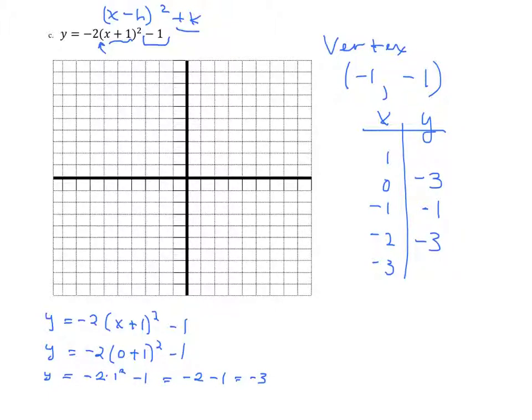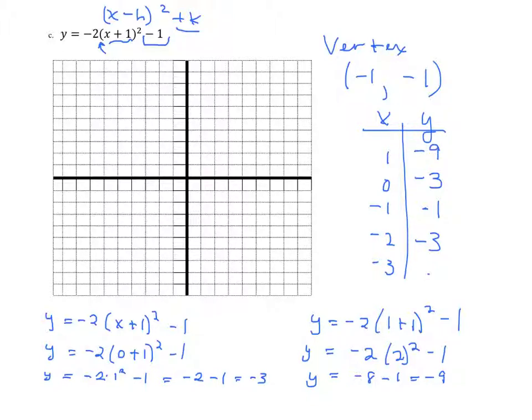So immediately I can fill that guy in, bada bing. Now when I stick 1 in, let's just do the 1 right here, just to make sure that I'm not making any errors. I'm going to put 1 in everywhere we see an x. So y is equal to -2 times 2 squared minus 1. 2 squared is 4. 4 times -2 is -8. Minus 1 will be -9. We can write it here and, of course, here, and bada bing, we're totally done.